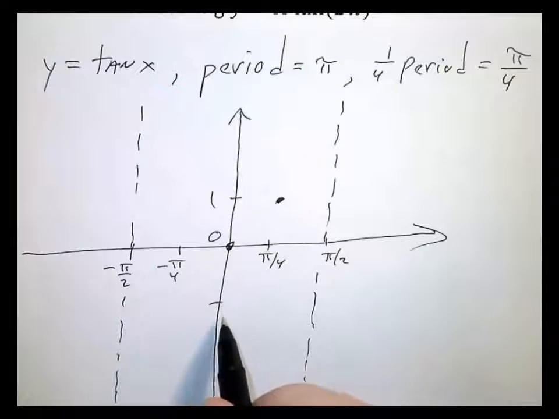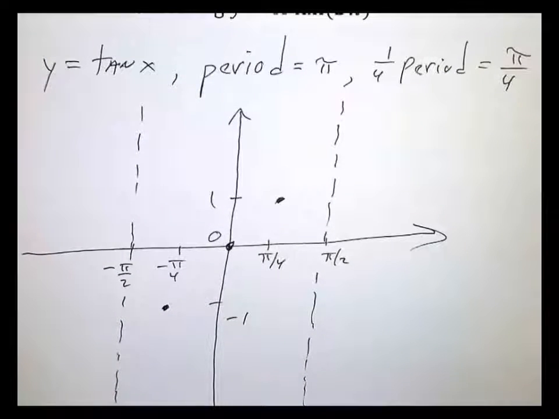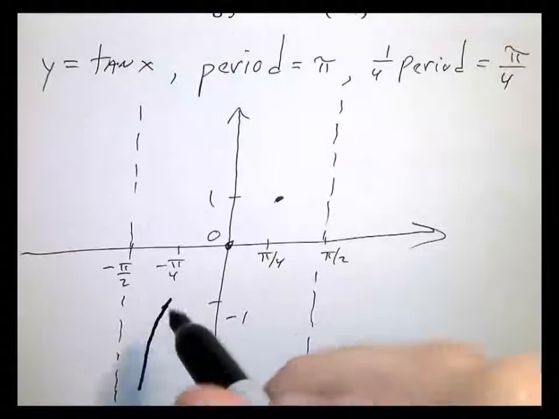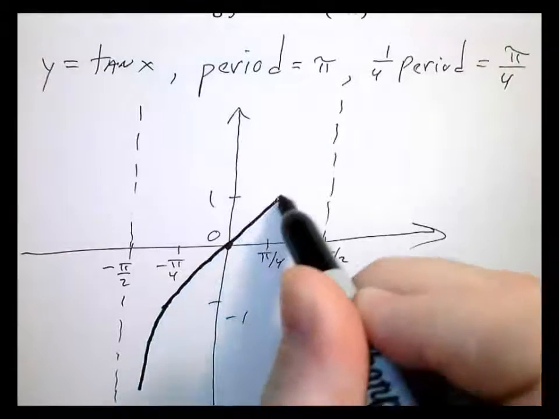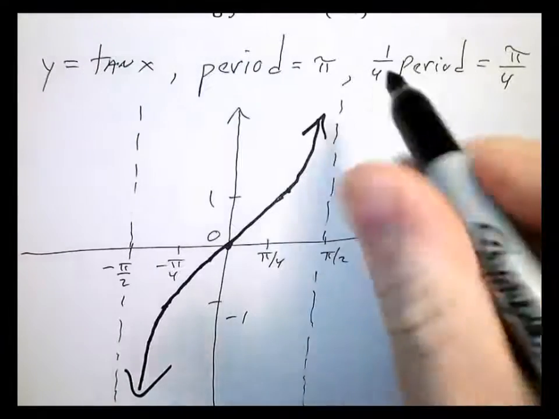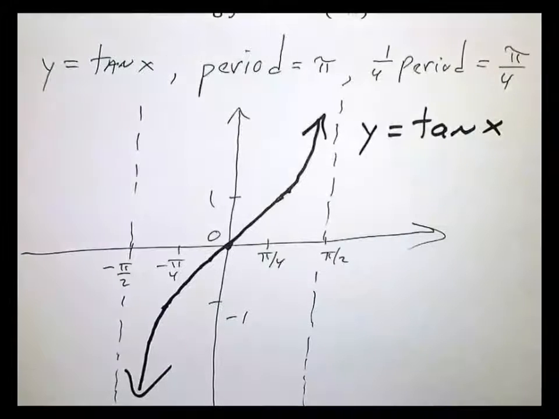At negative pi over 4, we're down here at negative 1. And we have these asymptotes. So my tangent function is going to look sort of like this. And this would be my y equals the tangent of x, one period of it.